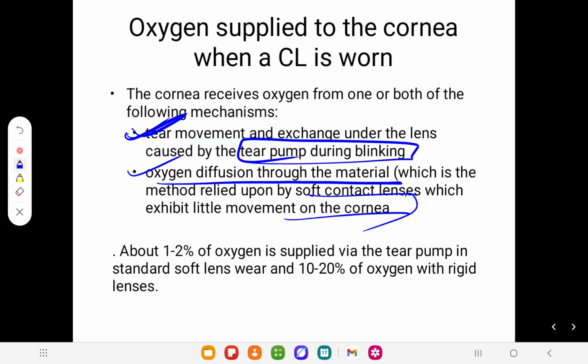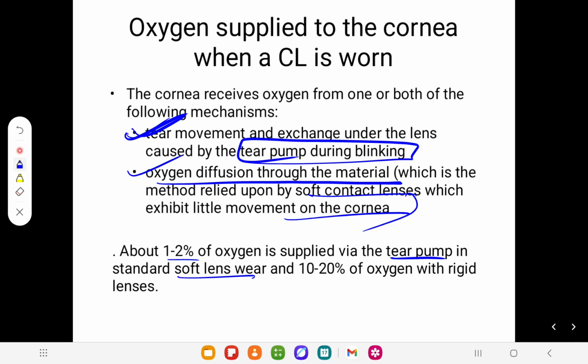Yes, that's important. So just see this. Approximately 1 to 2% of the oxygen supply is by the tear pump, so basically very little tear pump in the case of soft contact lenses. Just remember, some books write 1 to 5%. Doesn't matter. So in soft contact lenses, just remember 1 to 2%.